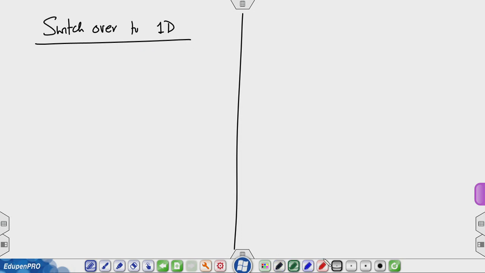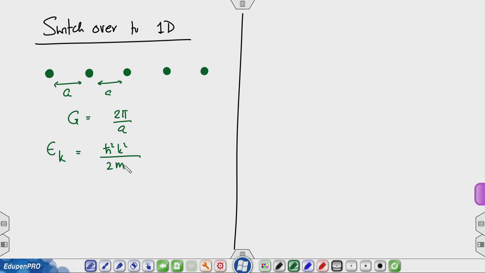So, what I am doing is I am taking this lattice with distance a, so that g is 2 pi by a, and the energy E k, now no vectors, is h cross square k square over 2m.